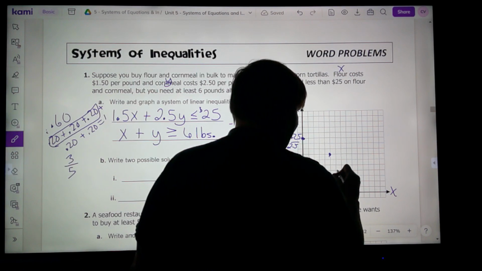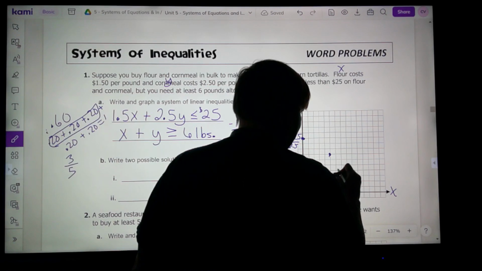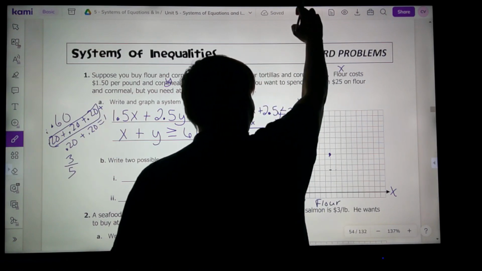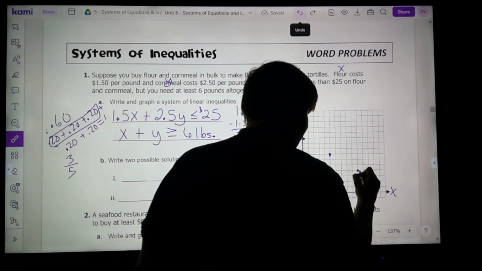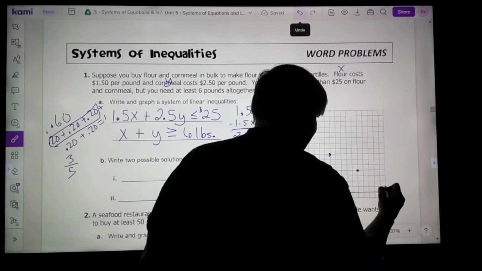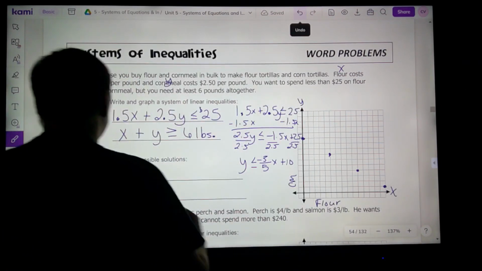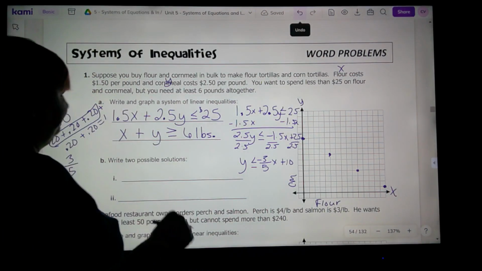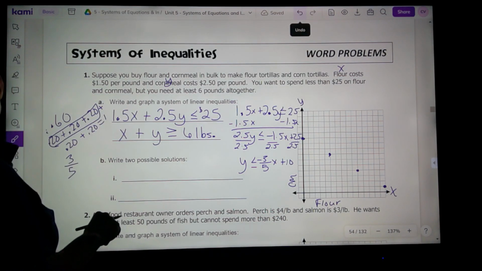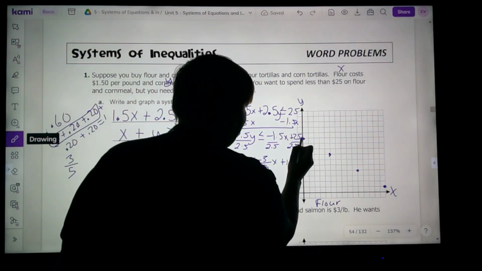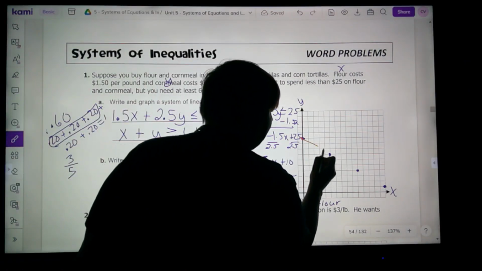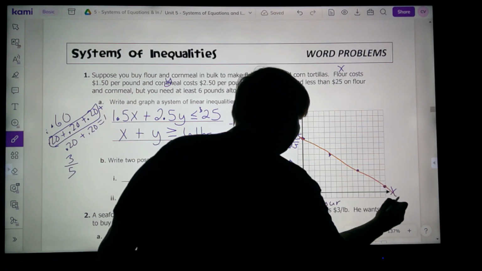Down 3, right 5. 1, 2, 3, 4, 5. Down 3, right 5. All right, so this is our line for keeping it under $25.